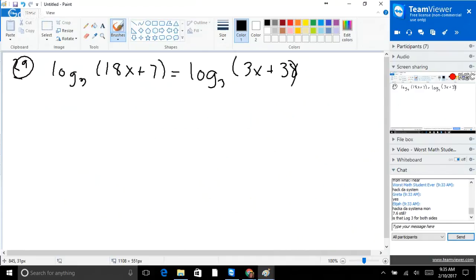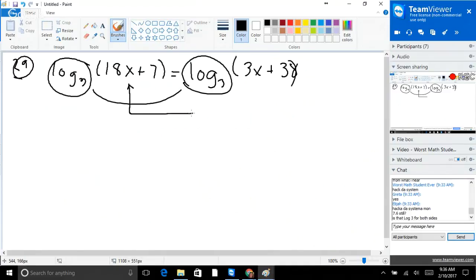It's log base 3 on both sides, right? This is the same as this. It's kind of like the same idea when we had the base of 6 on both sides. So as long as these two match up, then you can ignore them and go straight to whatever they're taking the logarithm of, equals each other. So we just ignore the logarithm because it's the same.